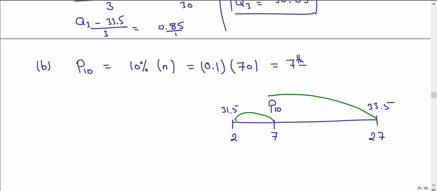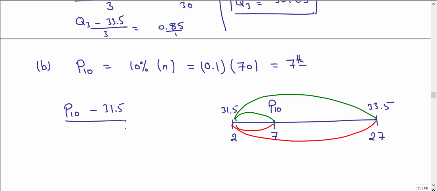Small divided by big, remember, equals this divided by the whole thing. So P10 minus 31.5 divided by 33.5 minus 31.5 equals small, that's 7 minus 2, divided by big, that's 27 minus 2.